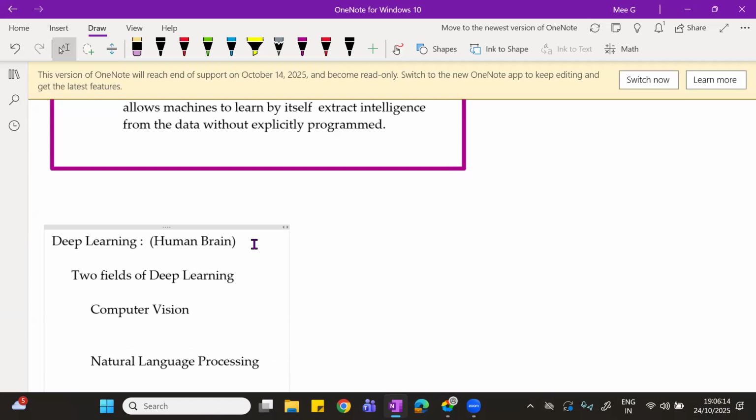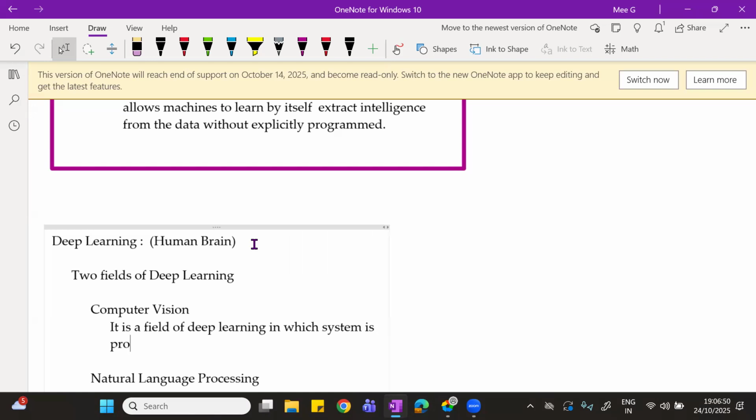What is computer vision? It is a field of deep learning in which the system is provided with the ability to understand visual data, that is image data, and extract the hidden patterns with which it can recognize the objects.